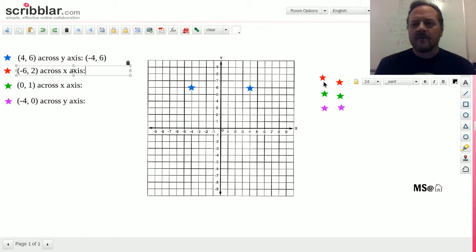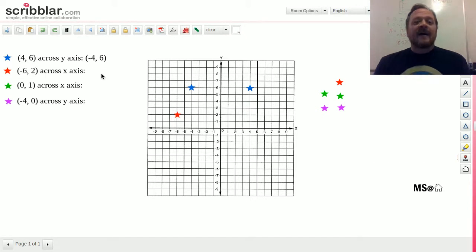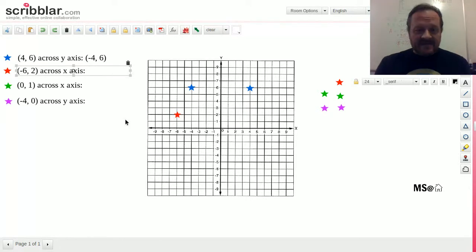So how about the next one? We have a red star at negative 6, 2. And this time we're reflecting it across the x-axis. This time it's this axis, the horizontal axis that's acting like a mirror.